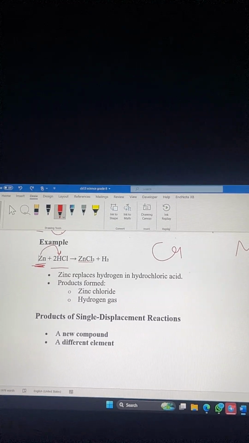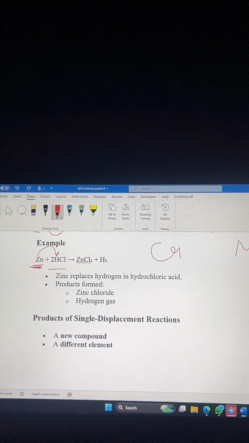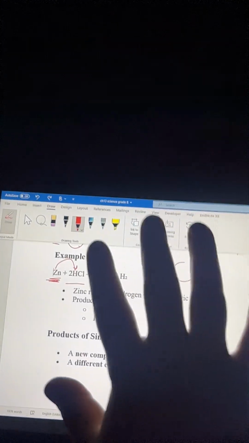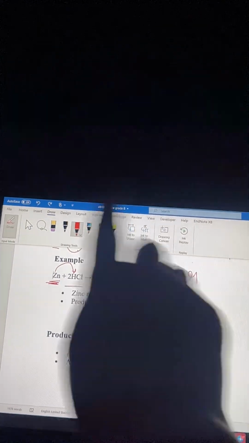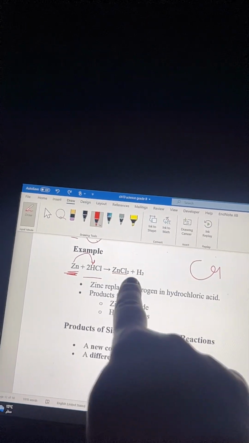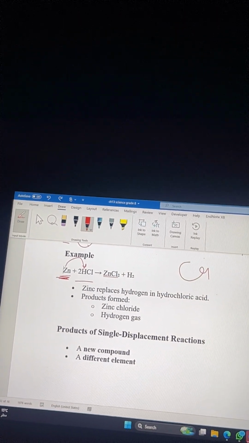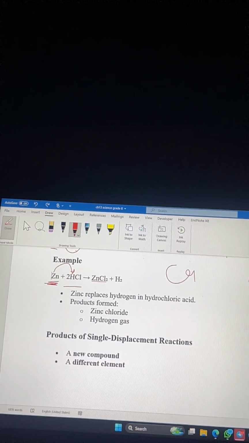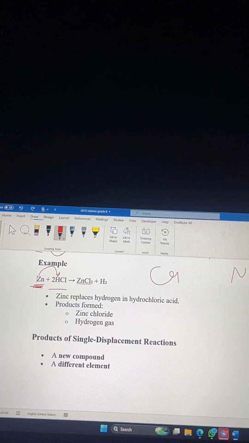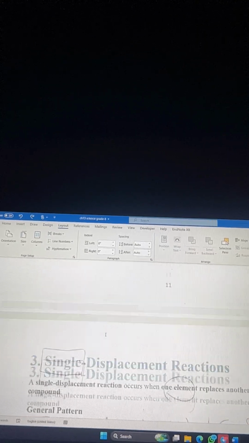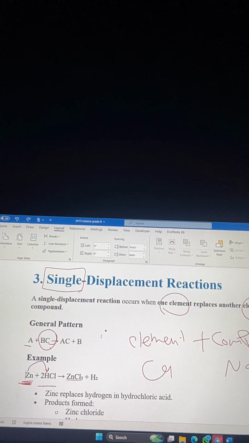In a single displacement reaction, a new compound forms with a different element. In the reactants we have an element and a compound, and in the products also an element and a compound, but different ones. And the product is always different from the reactant. So that was the single displacement reaction.